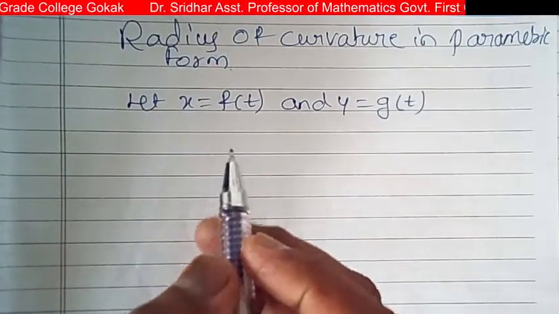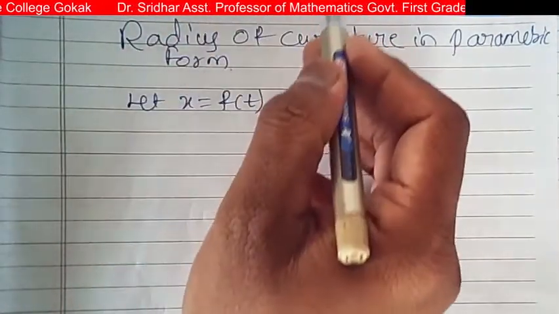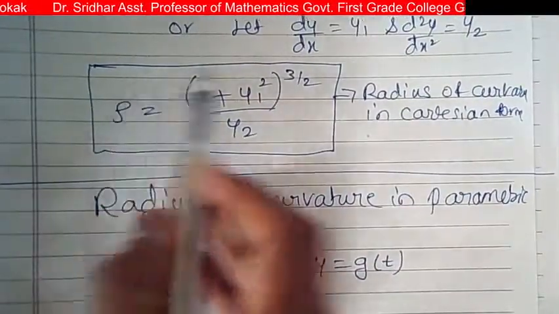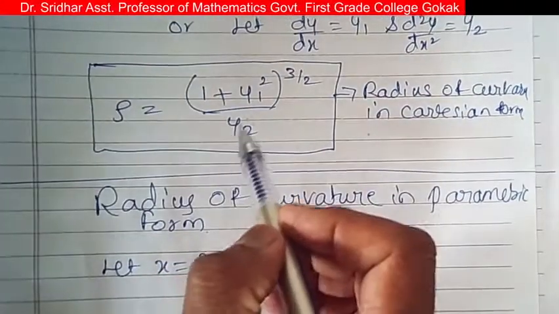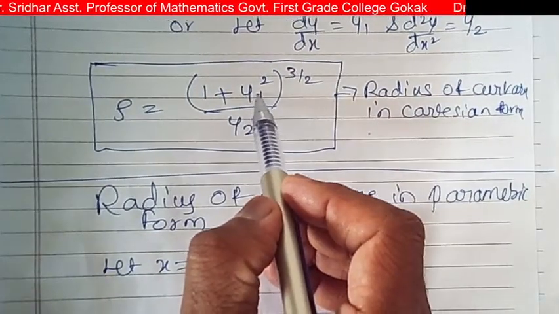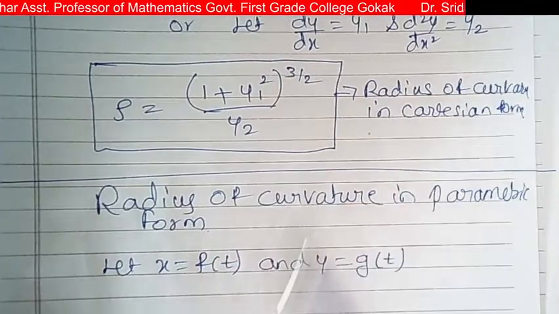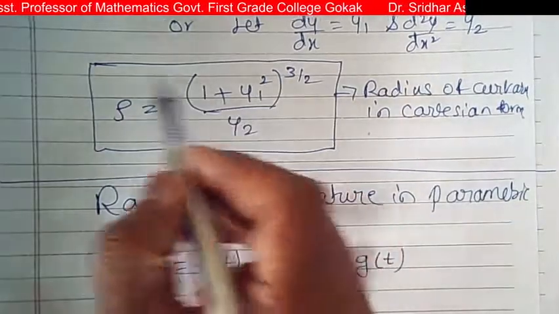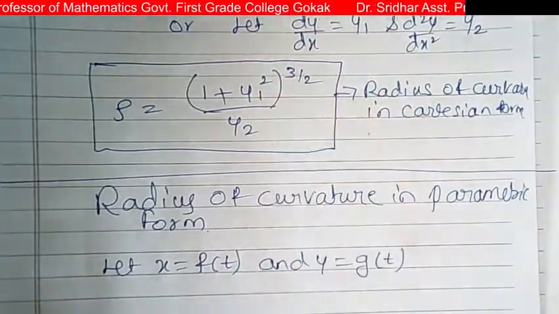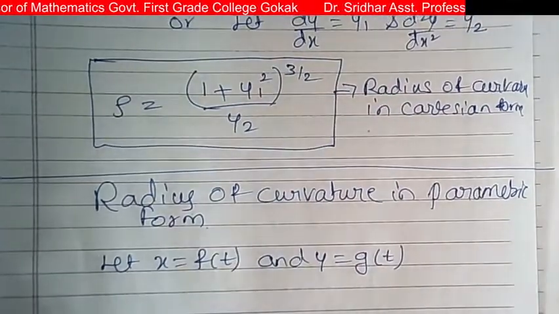Actually what we do is use the formula for radius of curvature in Cartesian form. First we find y1 and y2, then substitute all the values in the Cartesian form. That gives the radius of curvature in parametric form.